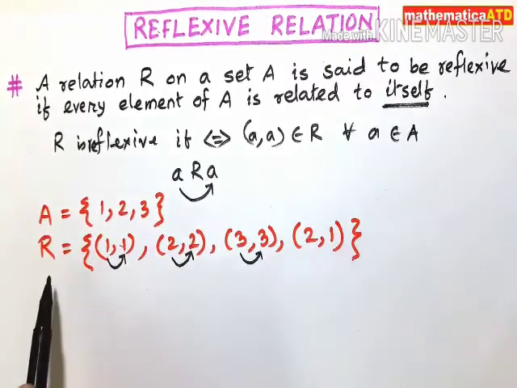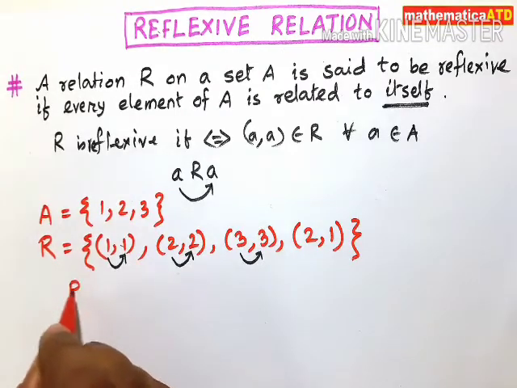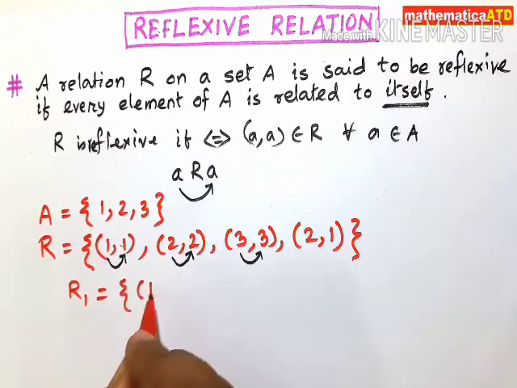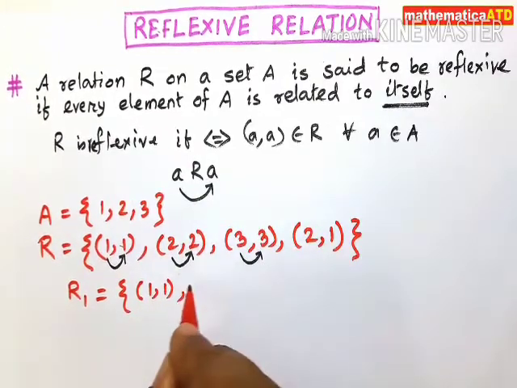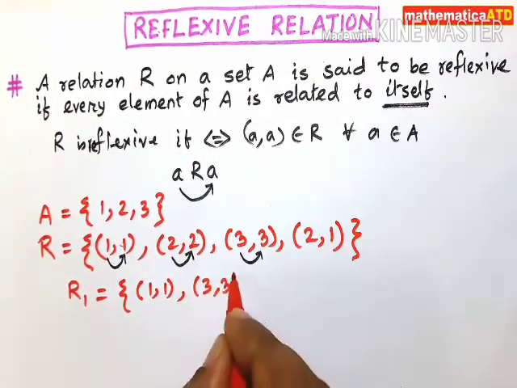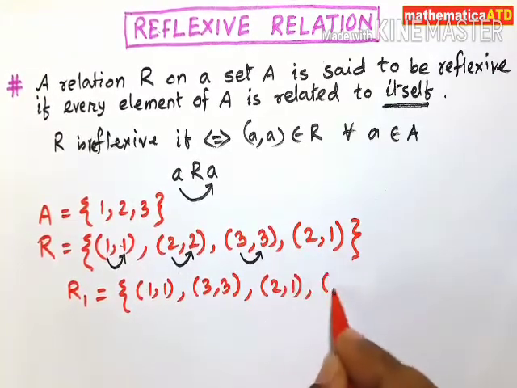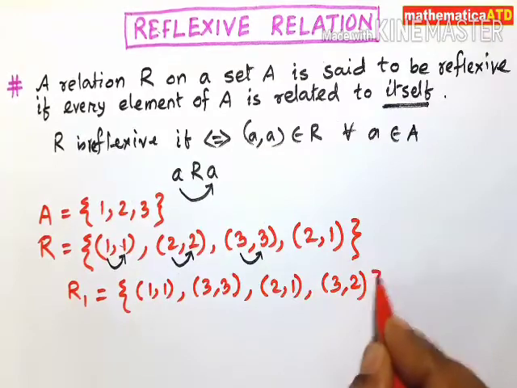This relation is symmetric, and this is a reflexive relation. Now we consider another relation, say R1, which contains (1, 1), (3, 3), (2, 1), (3, 2), like this.